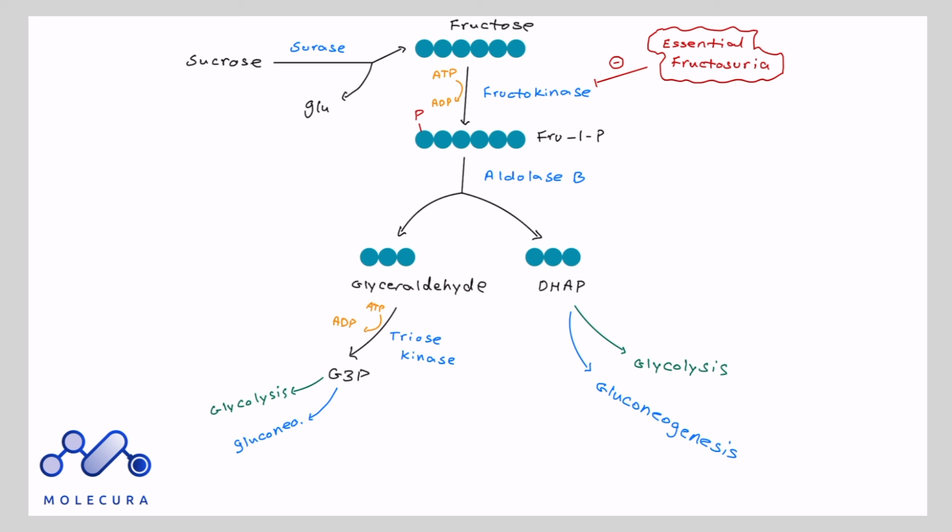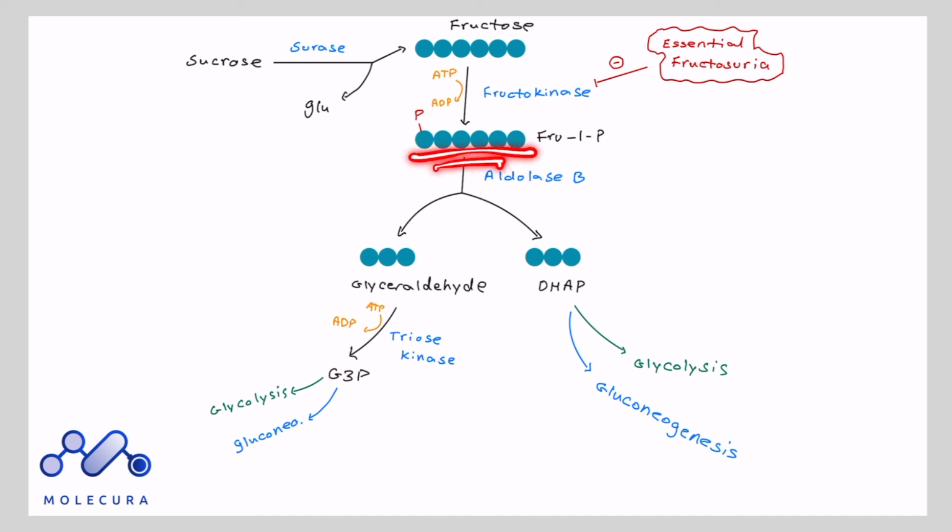However, deficiency of the next enzyme, which is aldolase B, is going to cause many problems. The reason is that when this enzyme is deficient, the process goes until here and it gets stopped. What happens is that we are putting a phosphate group on the fructose, and this is going to trap this fructose inside that cell.